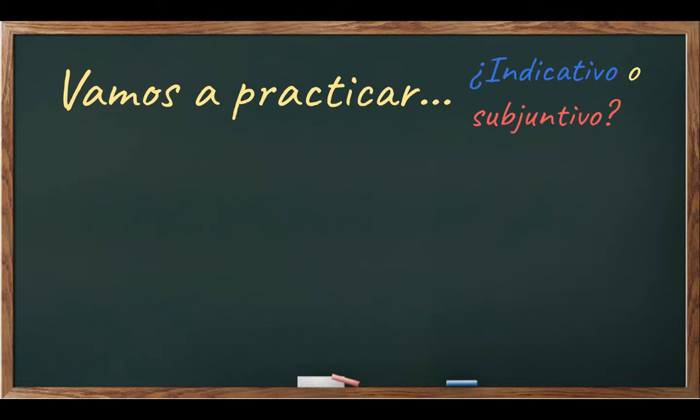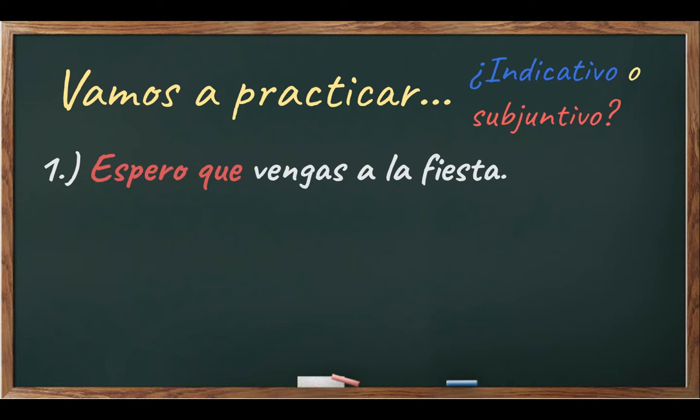So let's move forward. Número 1. Yo espero que vengas a la fiesta. So we'll go through a checklist. We have 2 different verbs here, esperar and venir, and then we have 2 different subjects. It's the yo form, and this is the tú form. We also have que. So checks off all 3 things on our list.